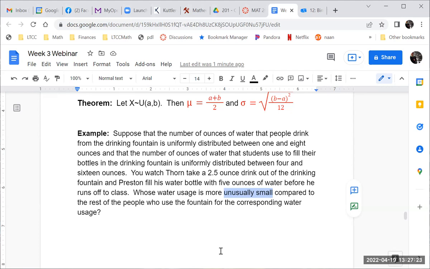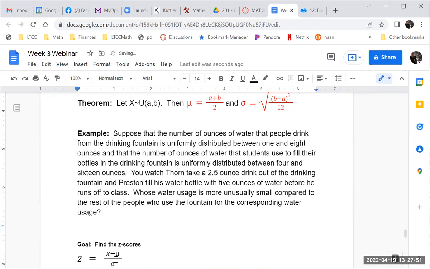So our goal is to find the z-score for Thorn's drink, find the z-score for Preston's drink, and see which one is smaller. It's going to be particularly which has a bigger negative value in terms of left-hand side negative. Any questions on the question?